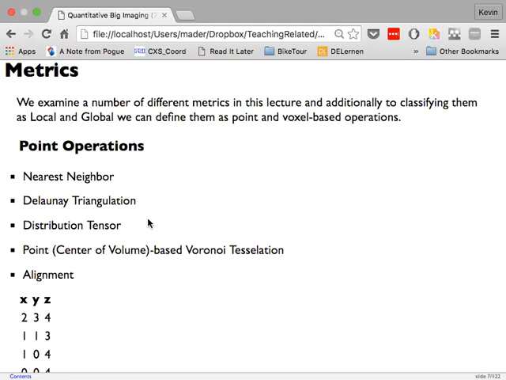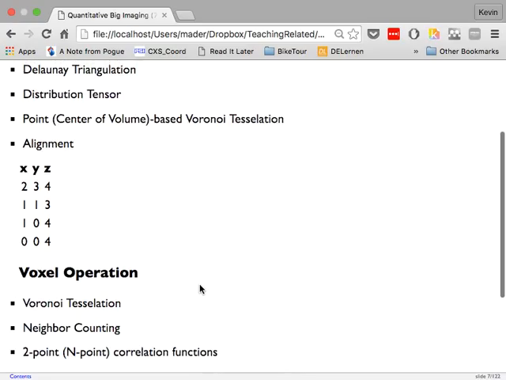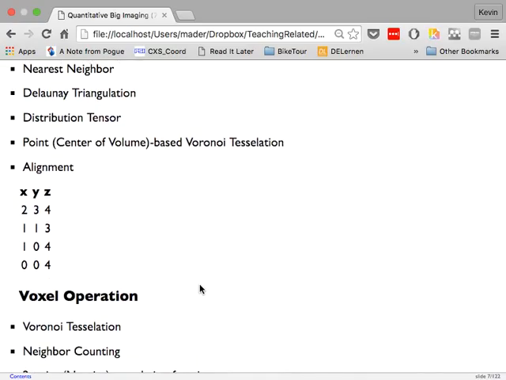This point is usually at the center of volume or the center of mass, but you collapse all of your objects into a list of points. These point operations are things like nearest neighbor, Delaunay triangulation, distribution tensor, point-based Voronoi tessellation, and alignment. So this is looking at your analysis as a list of points in X, Y, and Z, and you want to quantify something going on in this list.